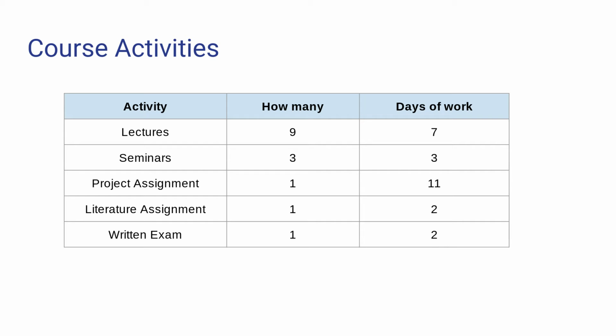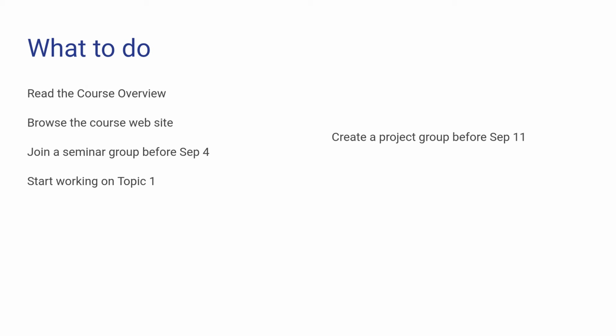So what are then the first things you should do? Well, you should read the course overview. It's a short PDF document describing the course in some detail. Then you should learn about the course structure by browsing the course website. Then join a seminar group, and this should be done before 4th of September, and you should then be able to start working on topic 1.